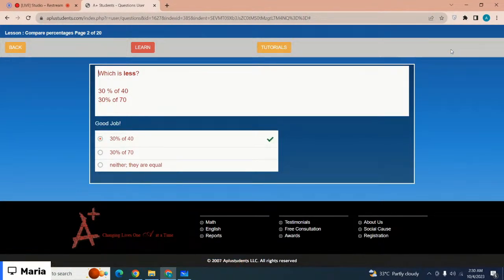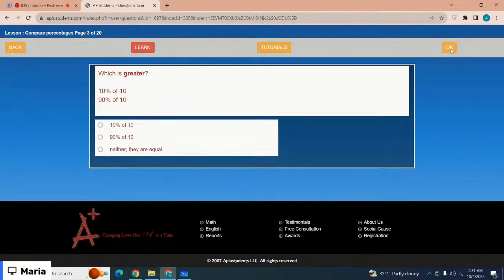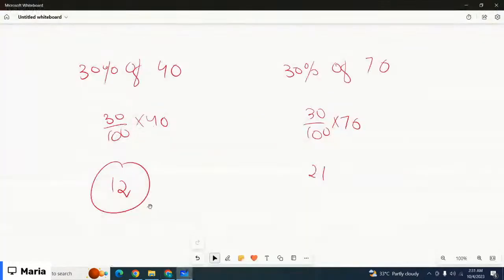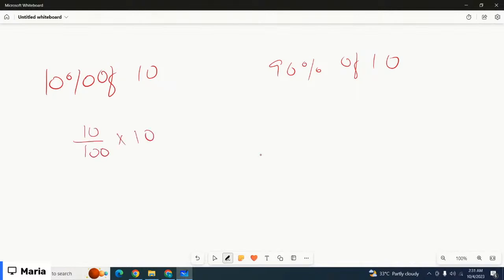Okay, which is greater? 10% of 10 or 90% of 10? Okay, let's just calculate 10% of 10 and 90% of 10. 10% means you have to do 10 over 100 times 10, right?